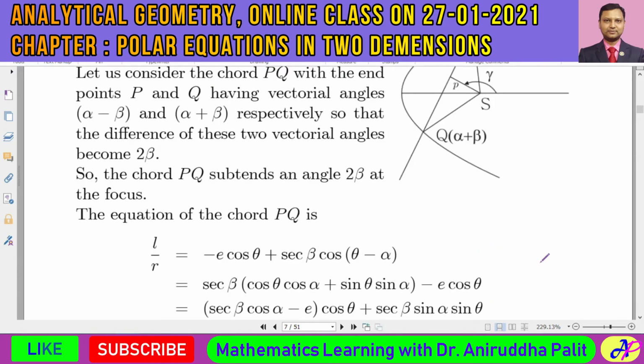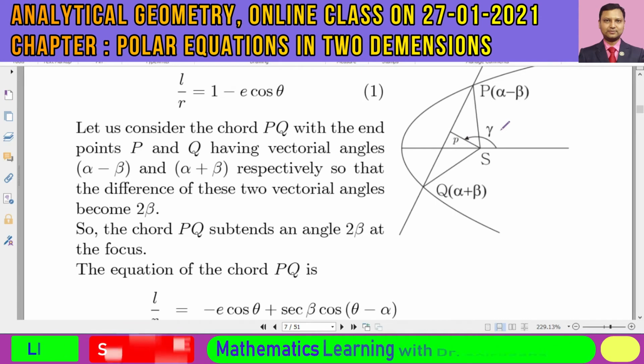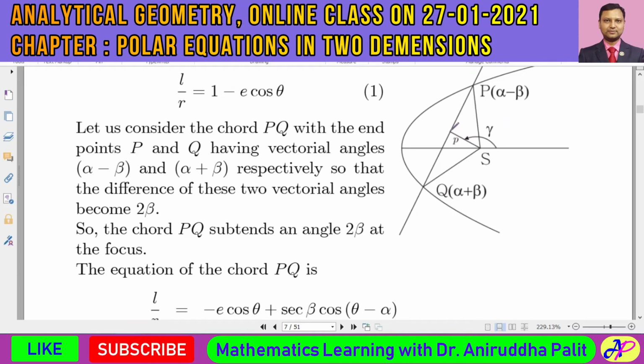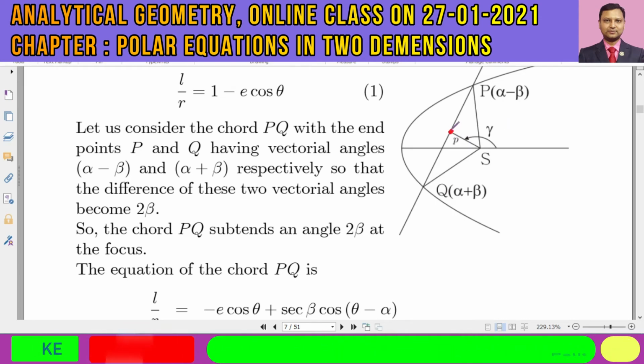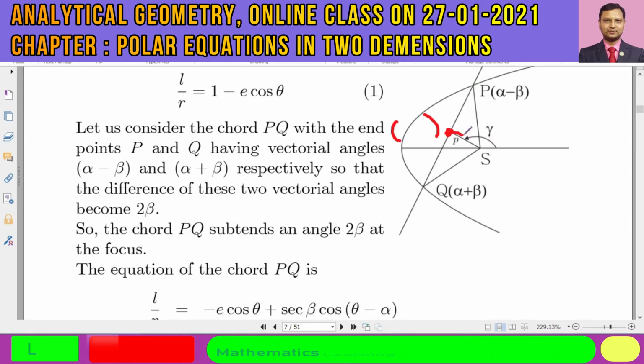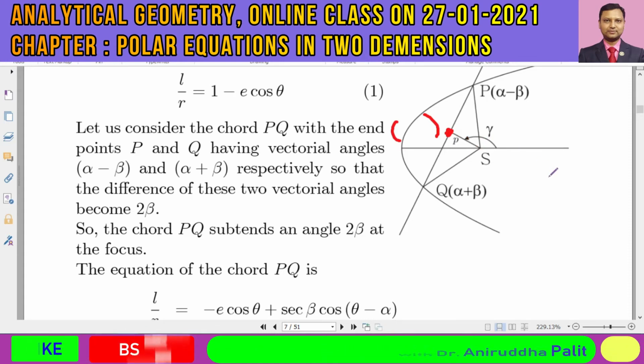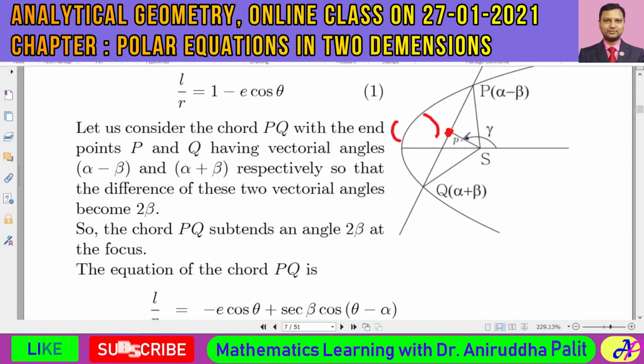Now you see, if you look at this picture, what we need to find is the locus of this foot of the perpendicular. Suppose this distance of the point from the focus S, the radius vector, is taken as small p.